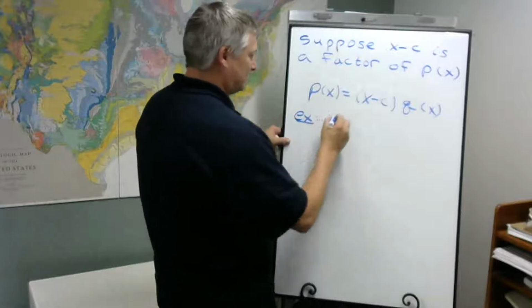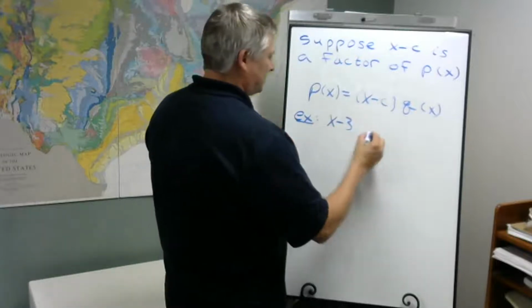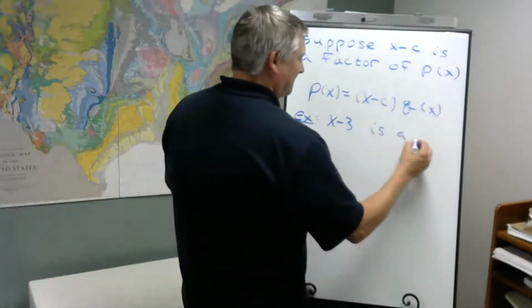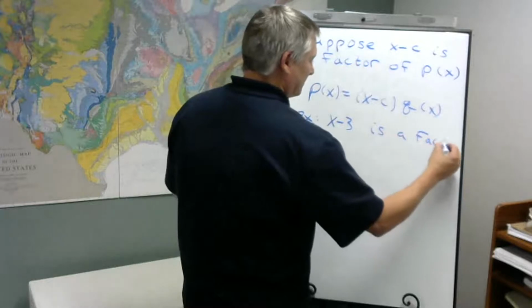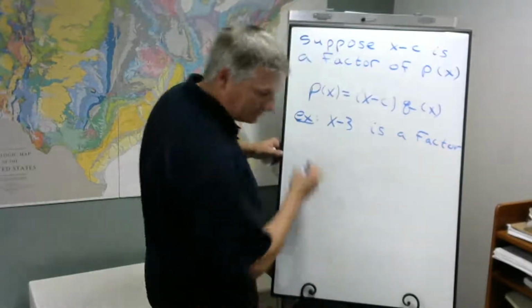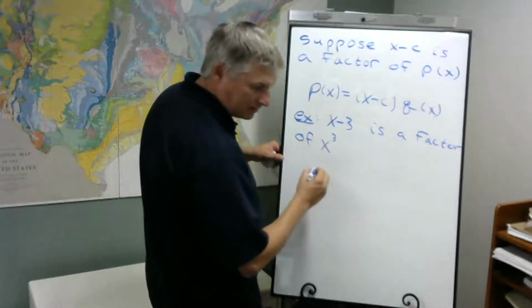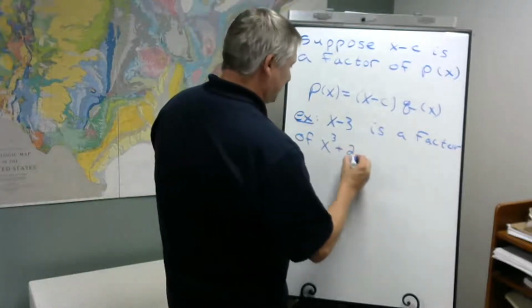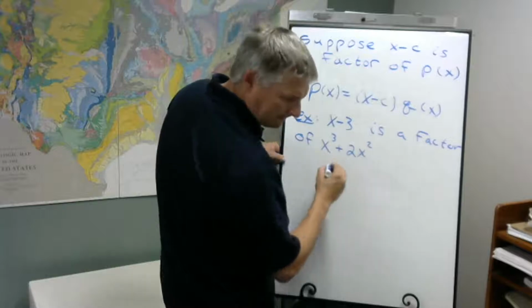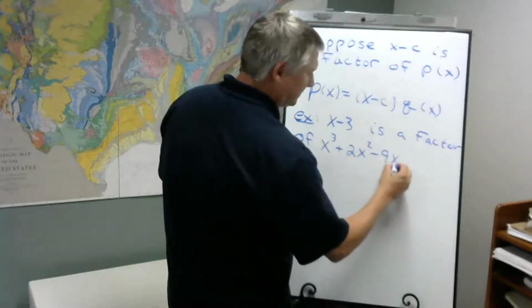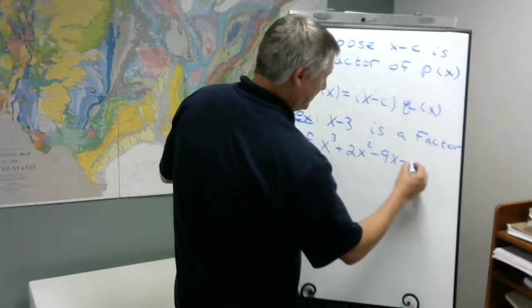It turns out that x minus 3 is a factor of x cubed plus 2x squared minus 9x minus 18.